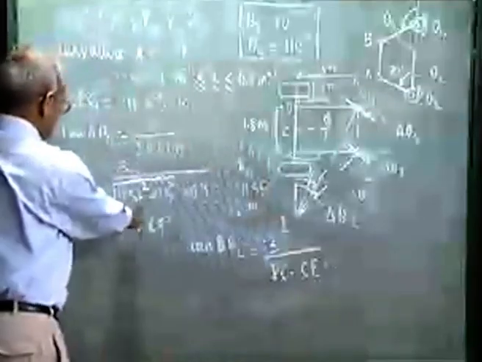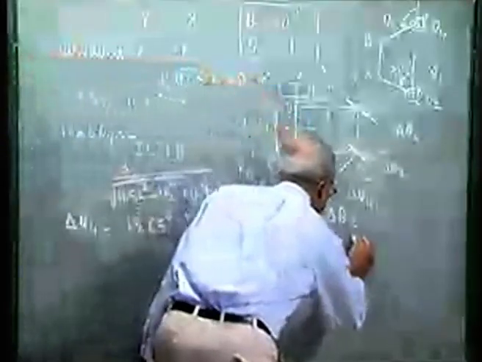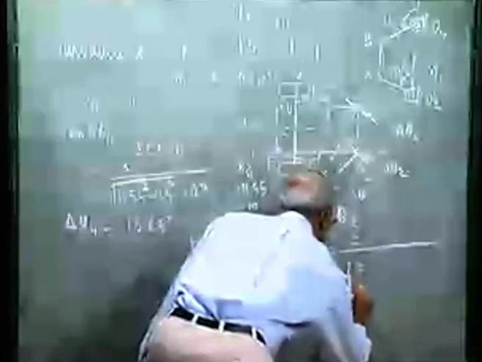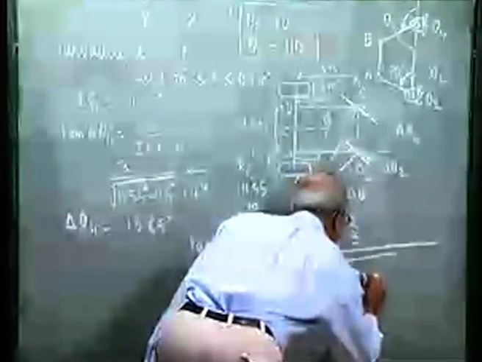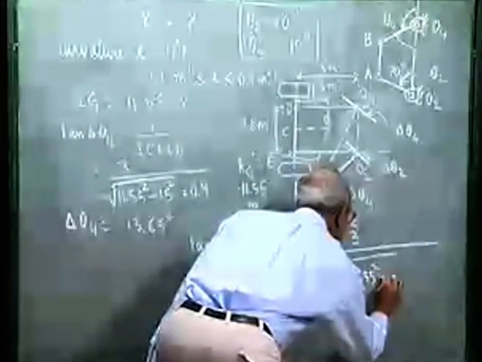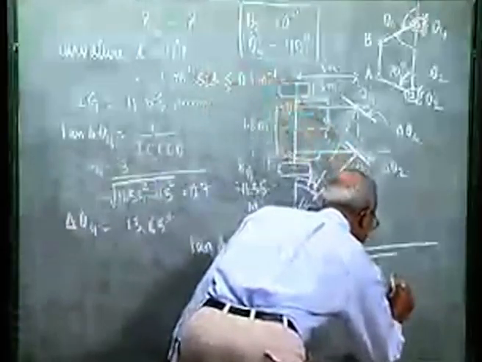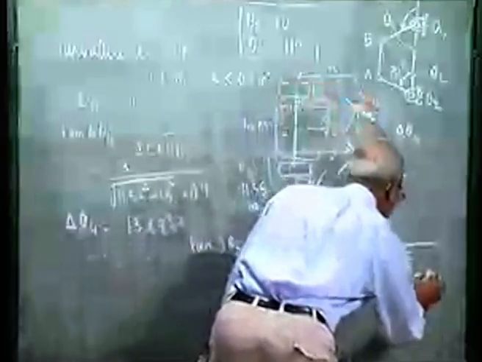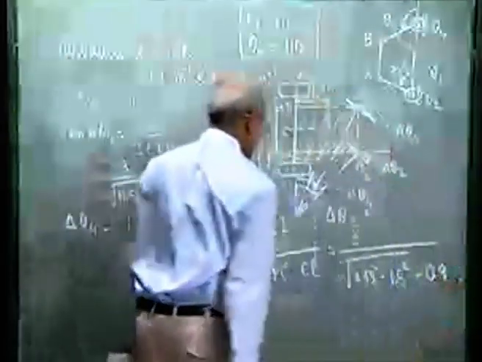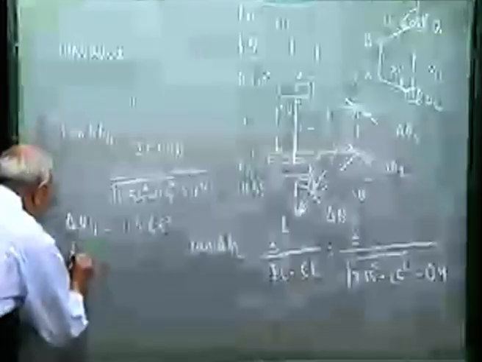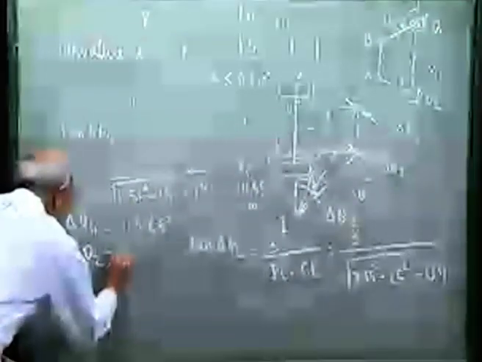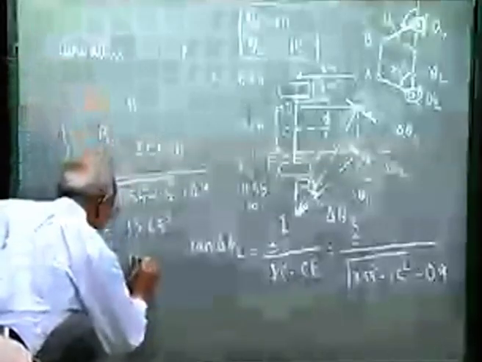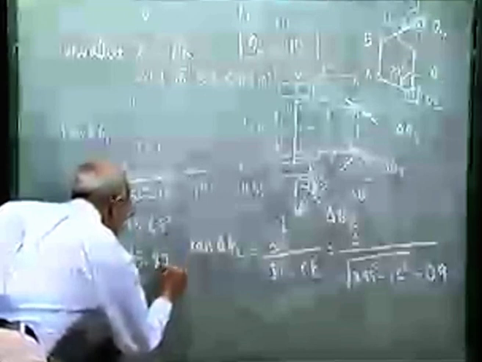And IC we have already got here, so it is 3 divided by square root of 11.55 squared minus 1.5 squared, minus 0.9. If you calculate this, you will get delta theta 2 as 15.87 degrees.